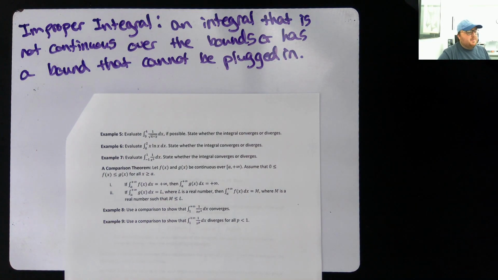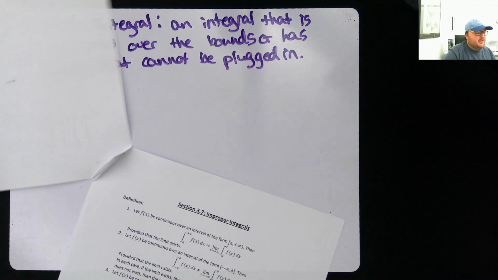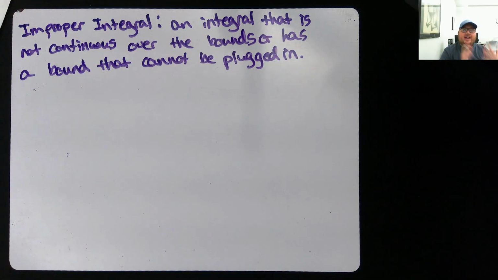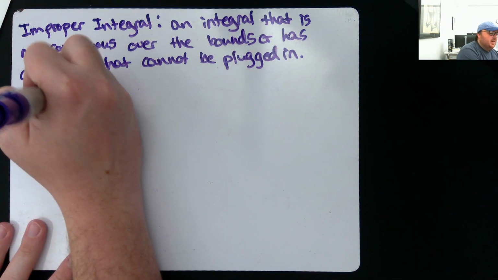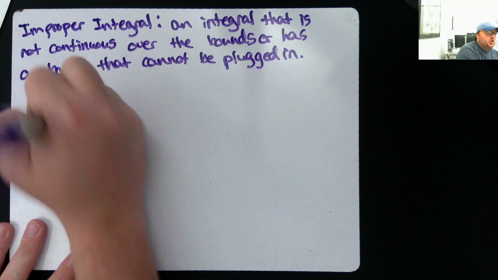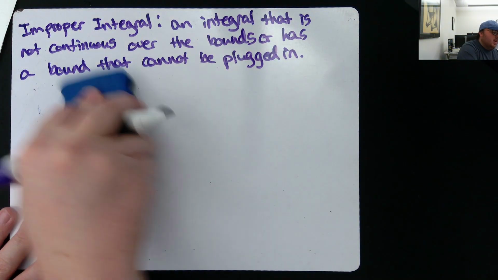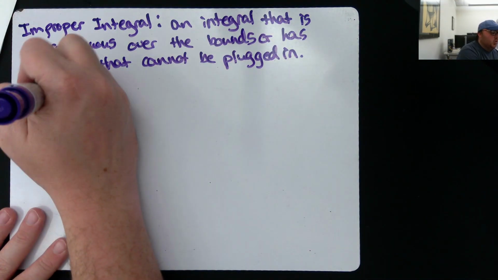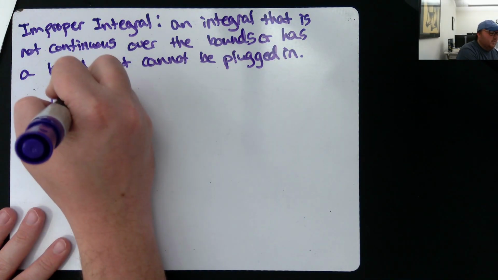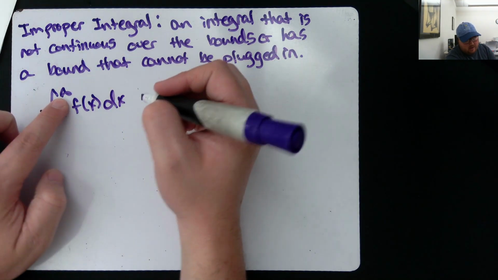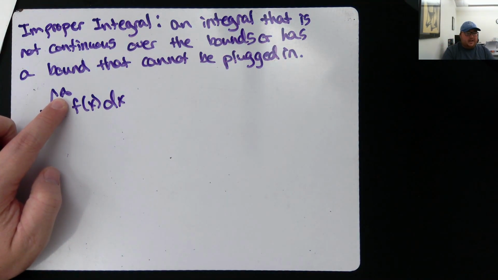So basically speaking, how I'm going to work these is I'm going to replace whatever I can't do with a t, and then I'm going to do the limit as t goes to that thing. So for example, if I was doing the integral from 1 to infinity of a function, and that's not a number I can plug in, right?